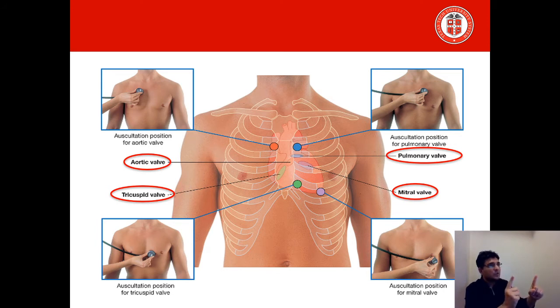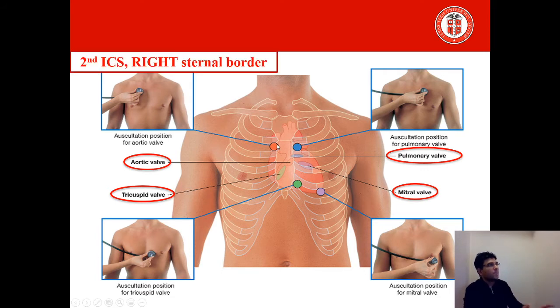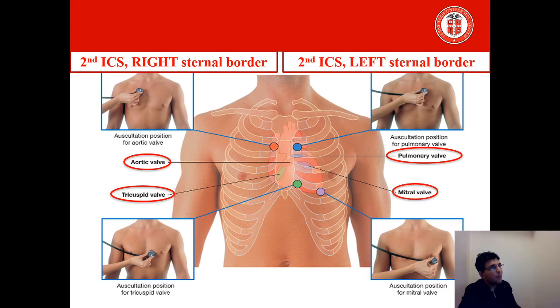So the first 2 valves which I want to talk about are the aortic and the pulmonic. We will talk about this set first because both of them lie on the second intercostal space which I just talked about. So aortic is there in the second intercostal space, pulmonic again there in the second intercostal space, but the point to remember here is that aortic is the only one which is there on the right side.